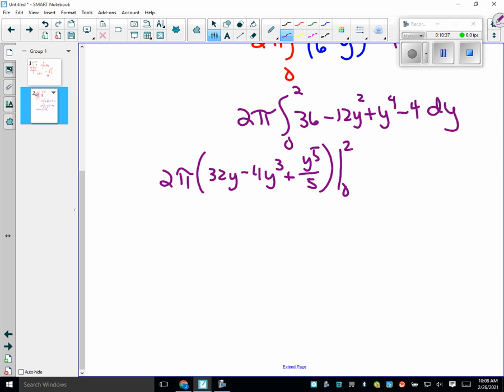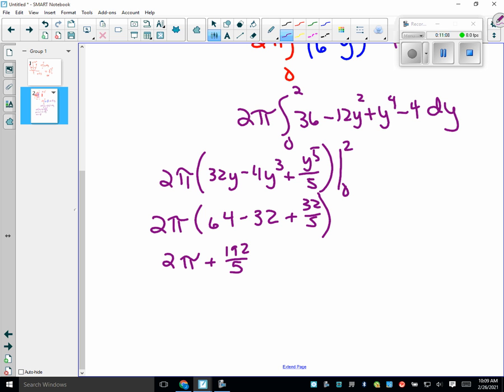If you insist, 2 pi, isn't this 64 minus 32 plus 32 fifths? Well, it was just 32 plus 32 fifths. 32 is 160 fifths.